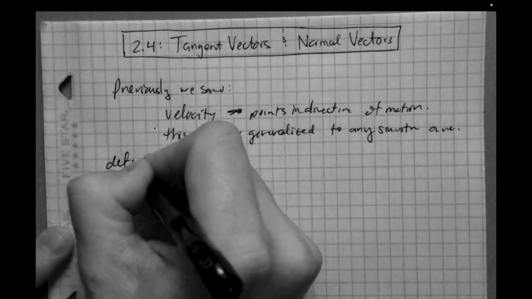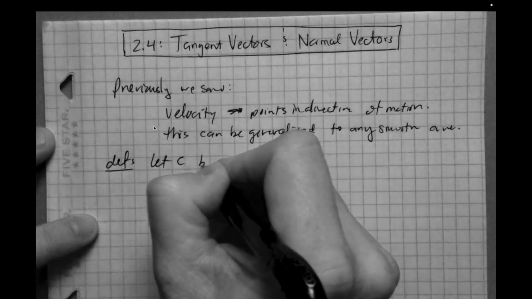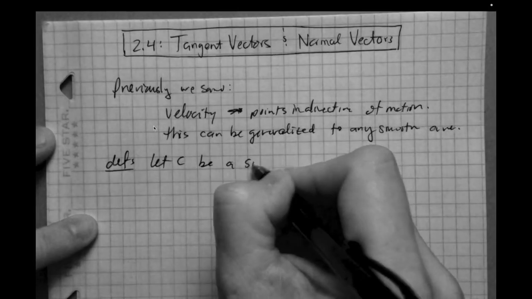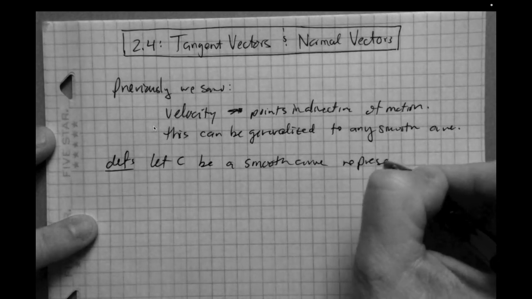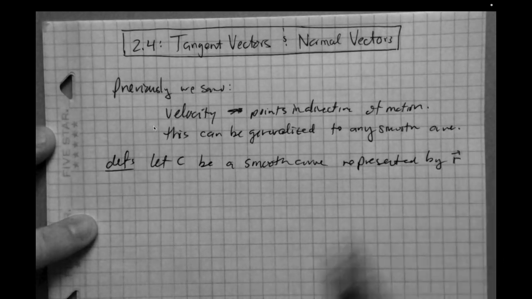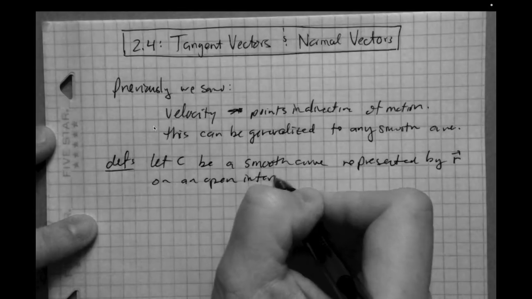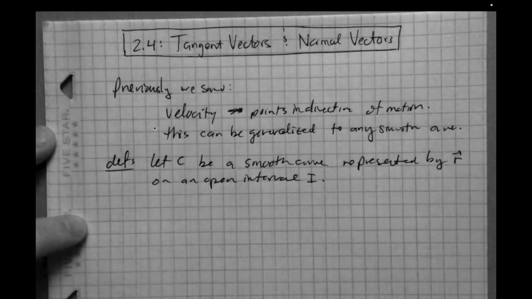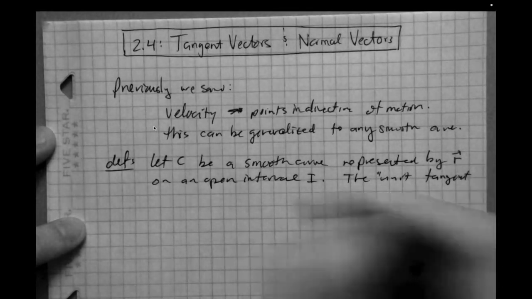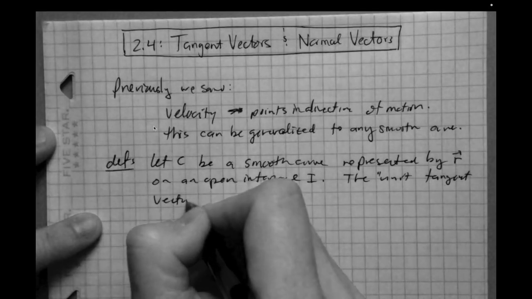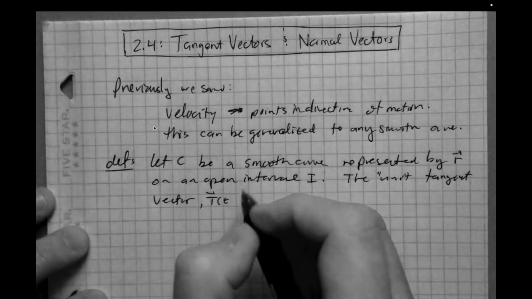We'll start with this definition. Let C be a smooth curve represented by r on an open interval I. The unit tangent vector is usually denoted by T, standing obviously for tangent.